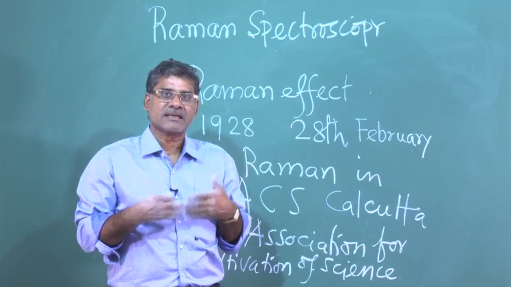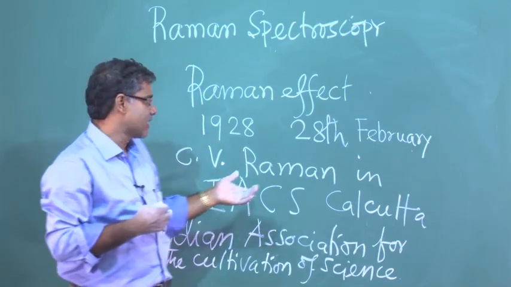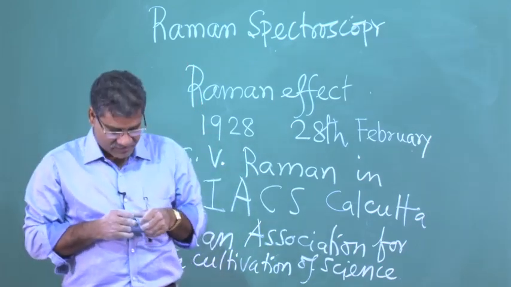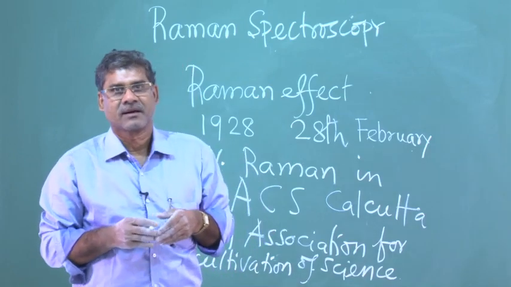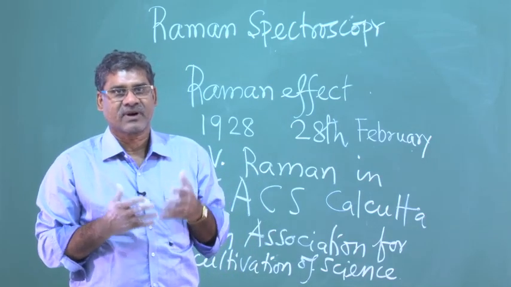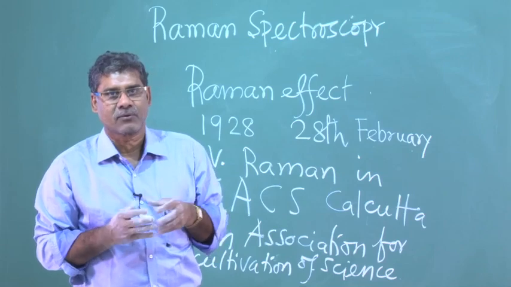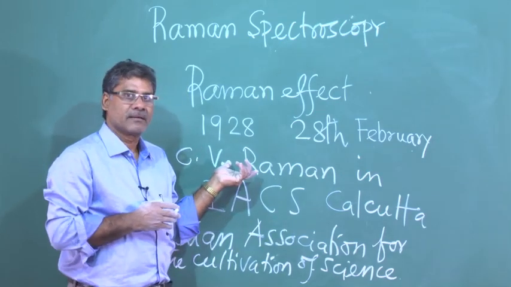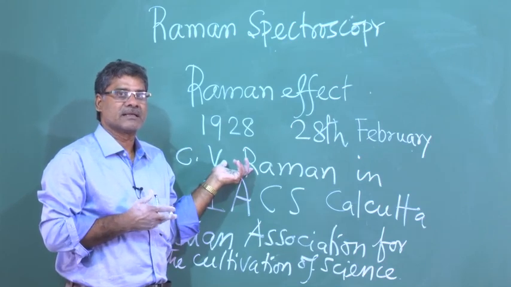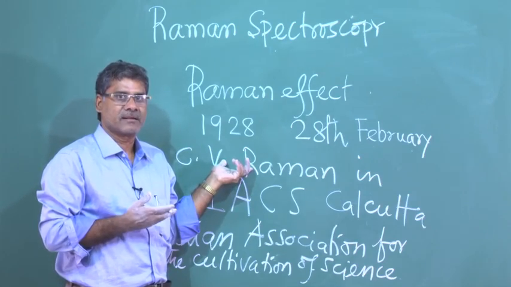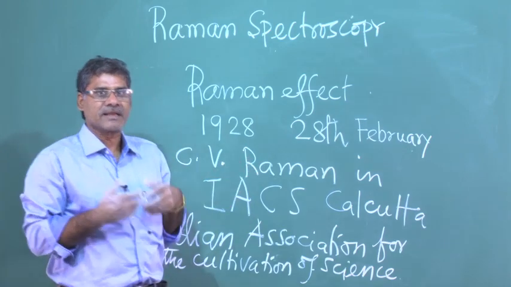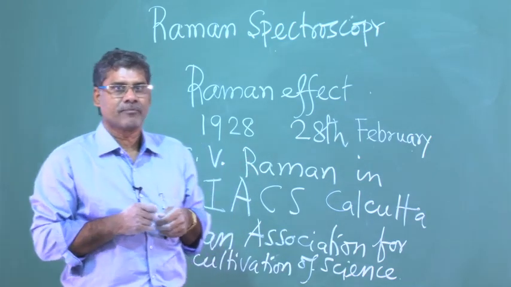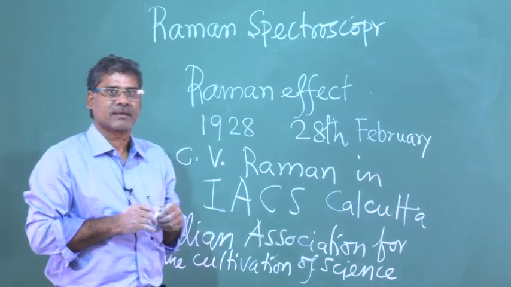When he was 16 years old, he completed his BSc. He stood first in the class and he was the gold medalist. And I think when he was 18 years old, he completed the MSc from Presidency College, Madras.